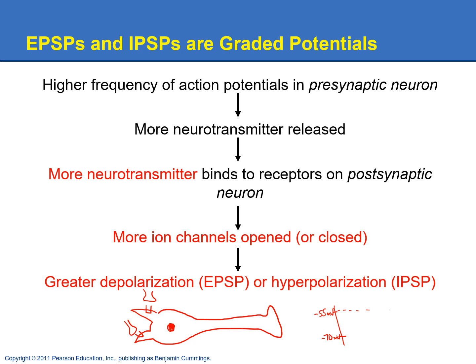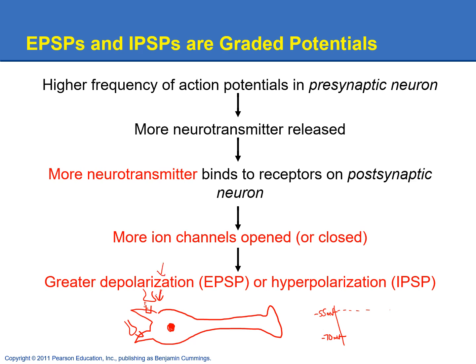All right, so remember that these EPSPs and IPSPs are graded potentials, so they will vary in size. So it depends on how often these presynaptic neurons are firing. So maybe this presynaptic neuron is firing rapidly right in a row.